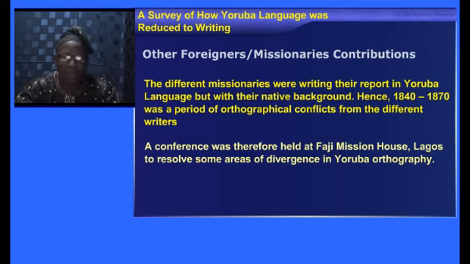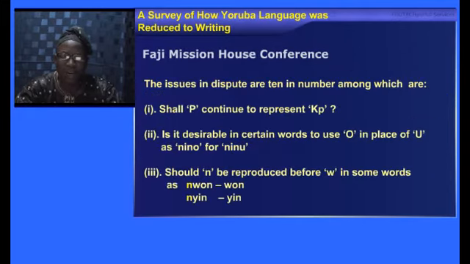Now, at that time, the issues in dispute were ten in number, but I'm going to discuss just a few of them with you now. The first one was P. And the argument was that, shall we put P to represent P, which is written Ki and P together?